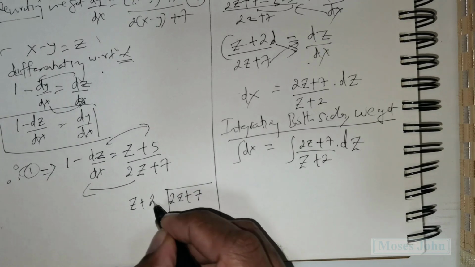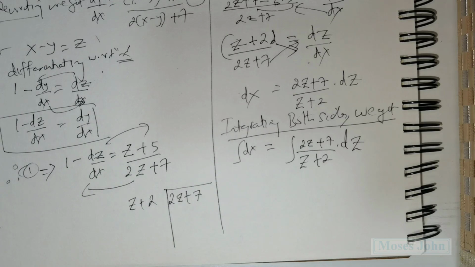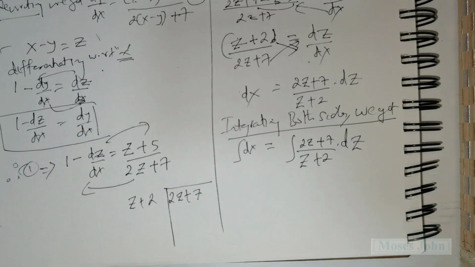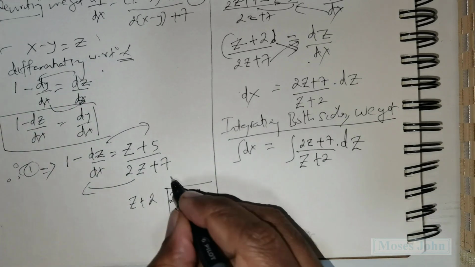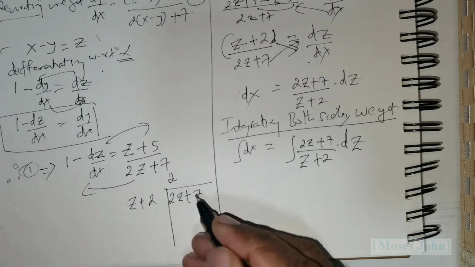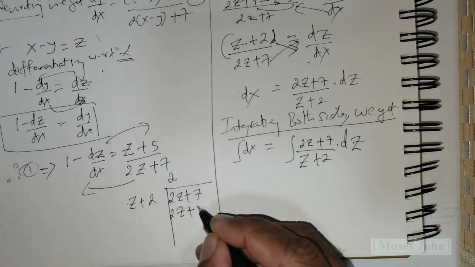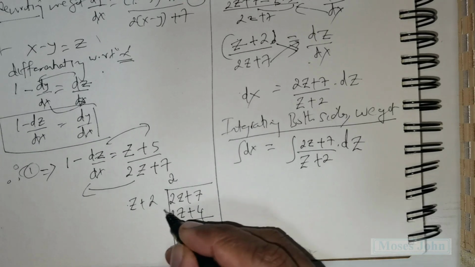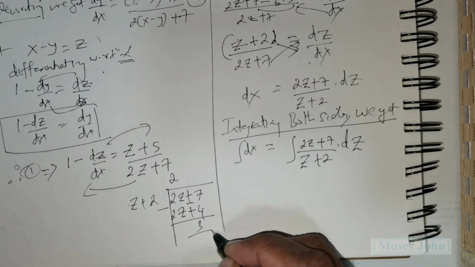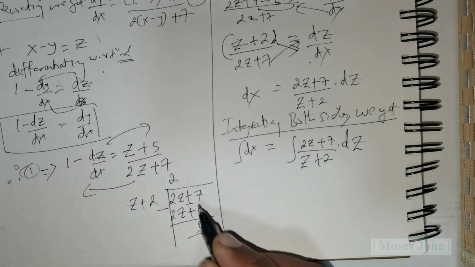So this is the law of integration. If you were to do that, you will get the following. You need to place a 2 there, because 2 multiplied with z would give you 2z + 4; change the sign, you get 3. So this is the remainder, and 2 is the quotient.